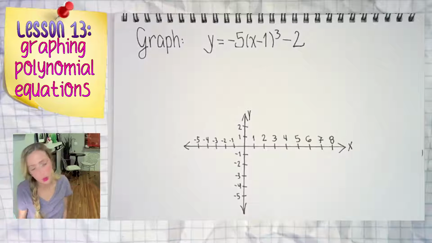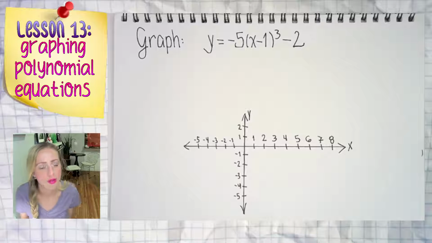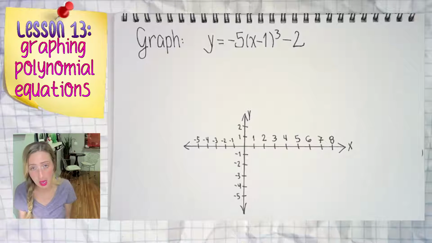In this example, we are going to graph -5 times the quantity x minus 1 cubed minus 2. So this is a little bit different. We haven't done graphing with transformations of parent functions just yet, but we have graphed polynomials using the behavior at the zeros.